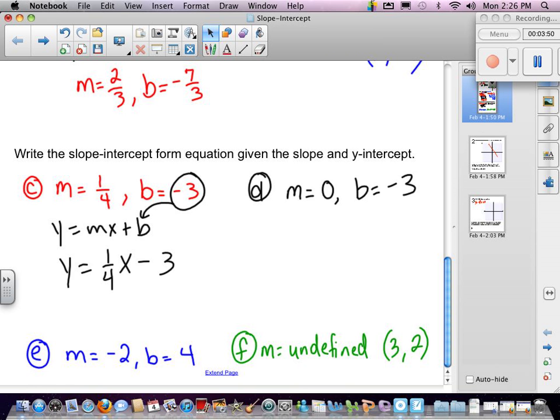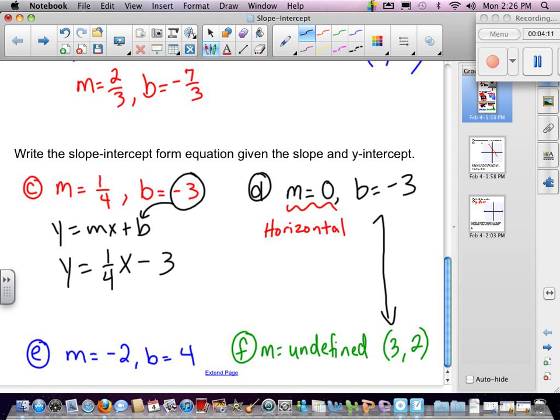Okay, in this particular example, example D, we've got a slope of 0. And as soon as we see a slope of 0, we should know that we have a horizontal line. Okay? The y-intercept is negative 3, 1, 2, 3, right, that's negative 3, so that means it's going to cross the y-axis there, right?